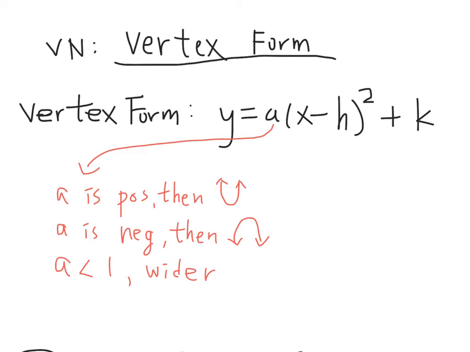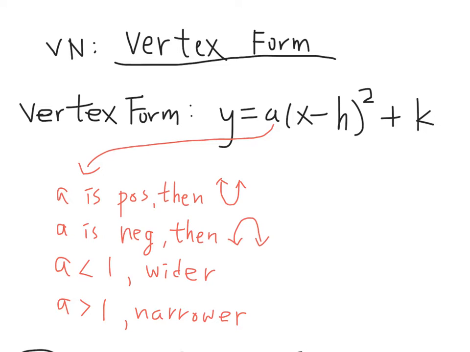So compared to y equals x squared, if a is less than 1, it will be wider. And again, when a is greater than 1, meaning if a is 2 or 5 or negative 10, we just ignore the sign. So negative 10, you just look at it as 10. Anytime a is greater than 1, then it will become narrower.